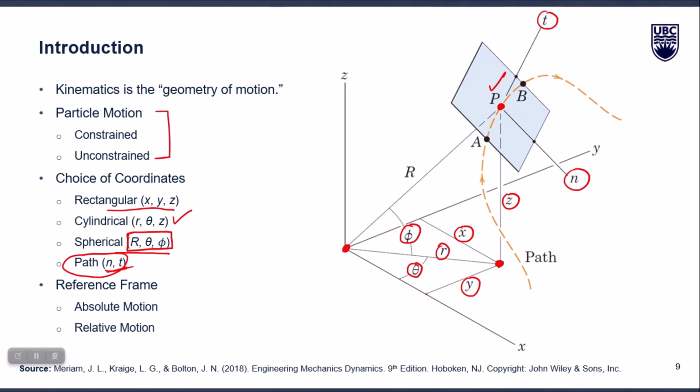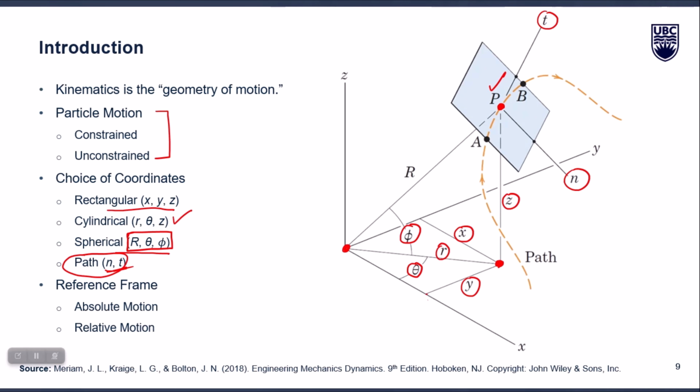So at any time instant, you can provide the measurements along the t and n axes to describe the motion of that object, because as P is moving, the tangent and normal are continuously changing, right? If you know the information about tangent and normal at different time instants, you can actually know the motion of that object.